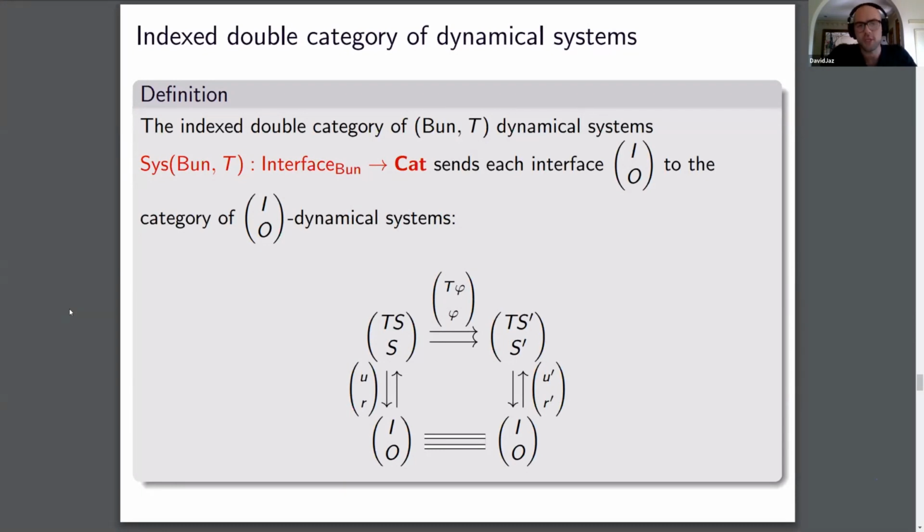So this construction, even though I haven't quite mentioned it here, is 2-functorial in doctrine. And moreover, not only is it 2-functorial, that construction preserves products. So this is a 2-functor from dynamical system doctrines to indexed double categories, and it preserves products.